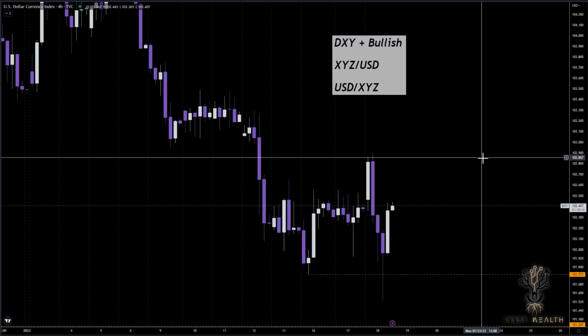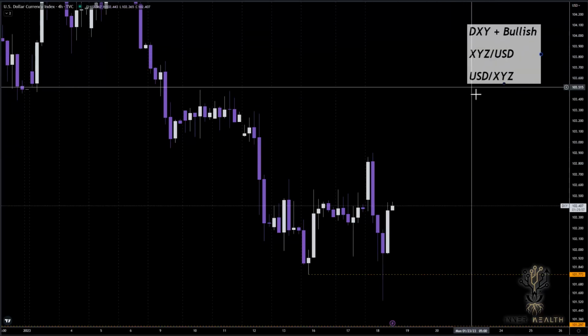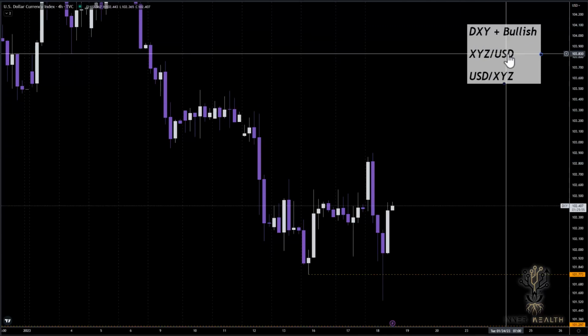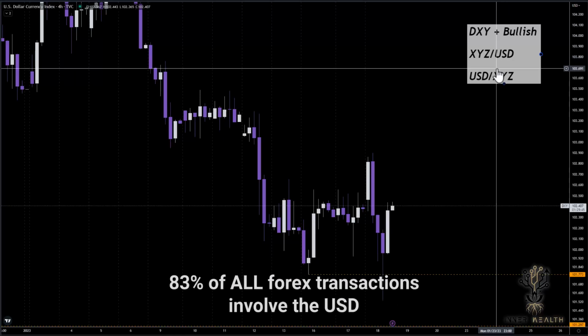The reason is that currently the US dollar influences about 83% of all foreign exchange transactions. Write that down. The US dollar has over 83% influence in the transactions of the foreign exchange market.